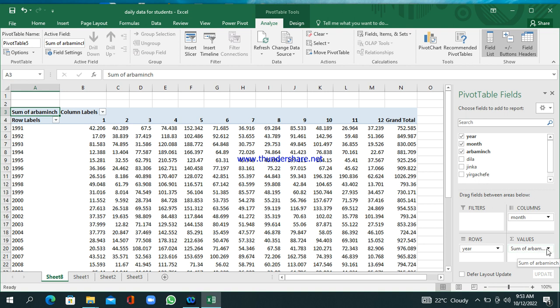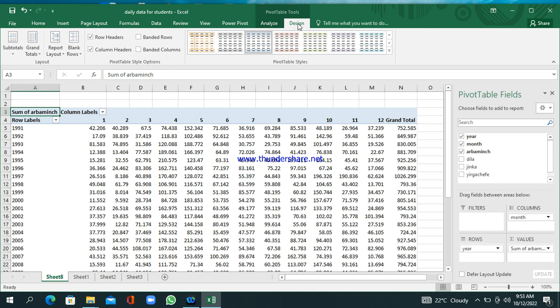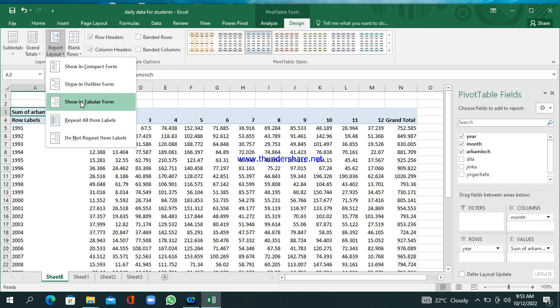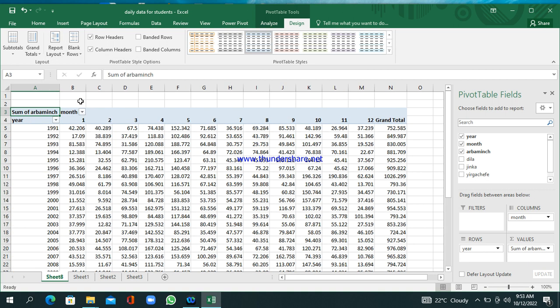Not average. Now, to change it to Excel format, go to design, then report layout, then show in tabular form, like this. This is the monthly. So you can copy and take it, just like.